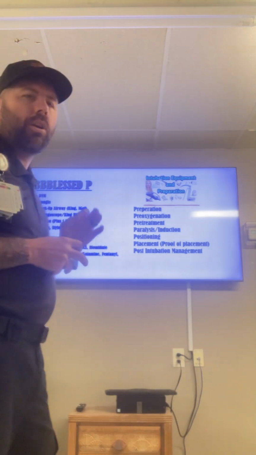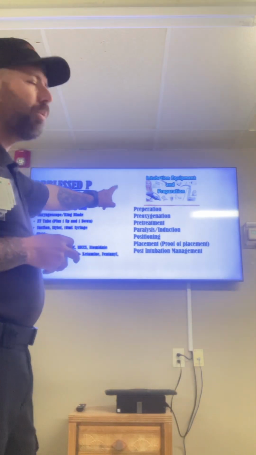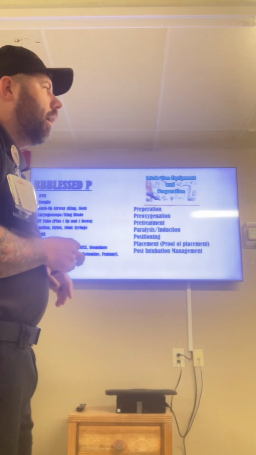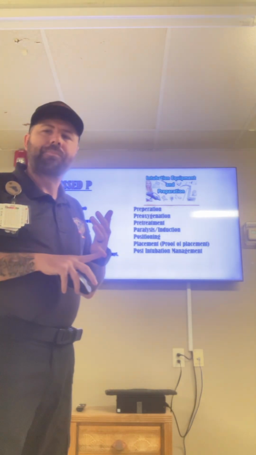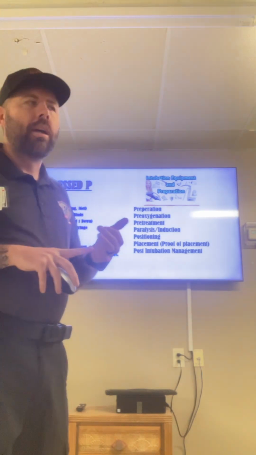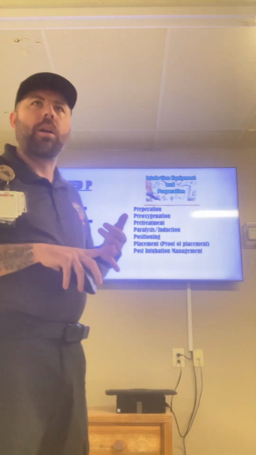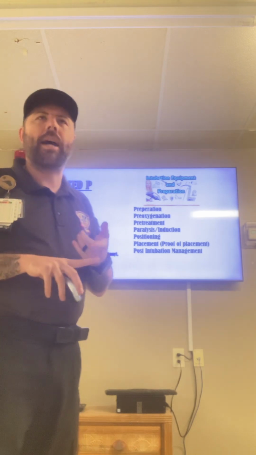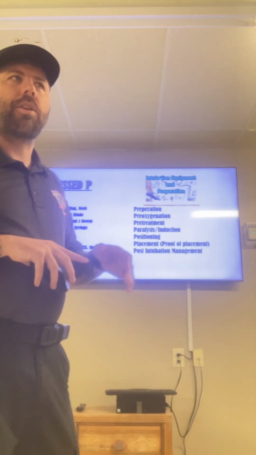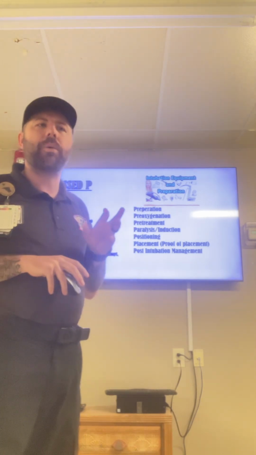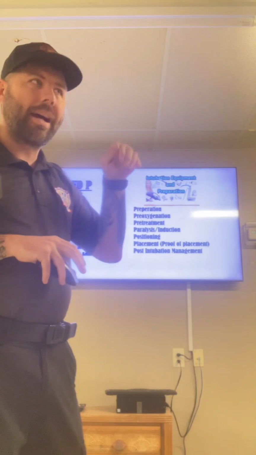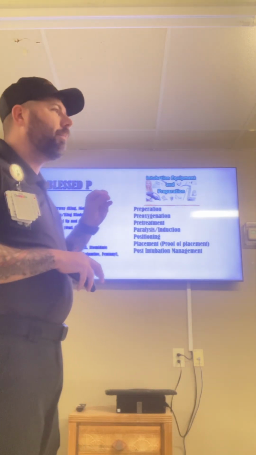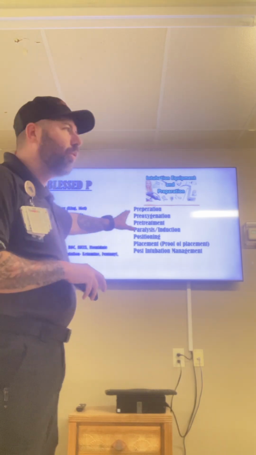Your placement, and then you notice I put in here proof of placement. When I talk about proof of placement, we talked about you're going to have your end tidal. If you can get all of them, end tidal, colorimetric, lung sounds, epigastric sounds, condensation in the tube, we want to look at everything we can to know, and then of course our direct visualization of passing the cords. Those are going to be our proof of placement.